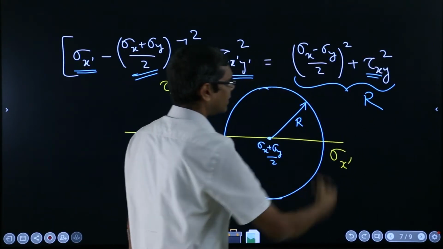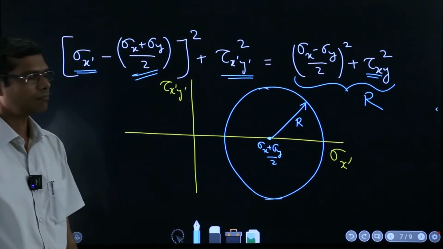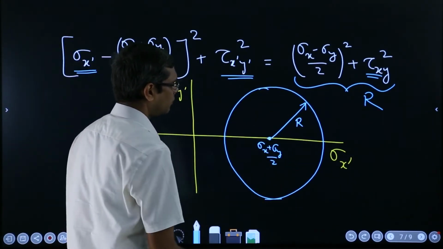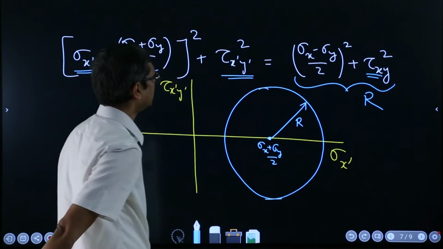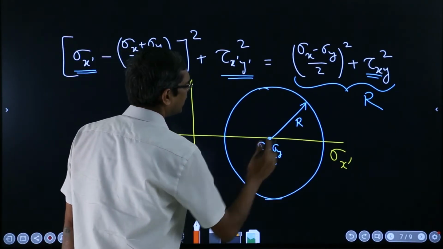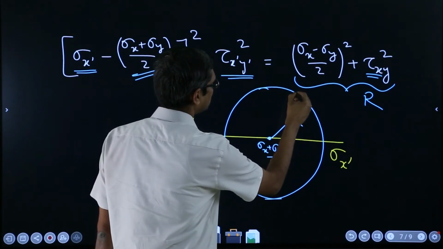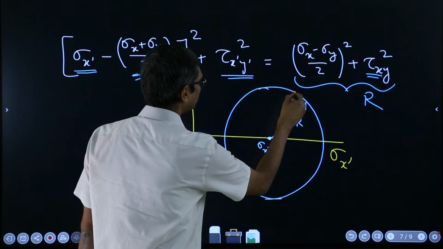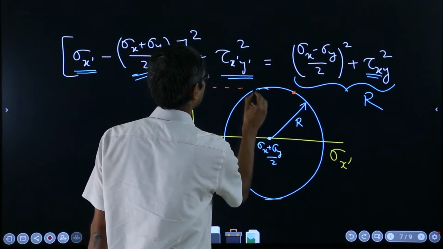From there you calculate the radius, and then you draw the circle with that being center and this being the radius, and then all these points on this circle will give you certain values.